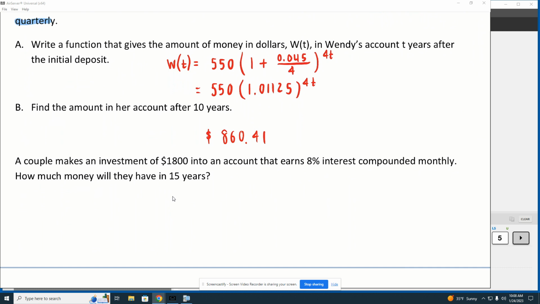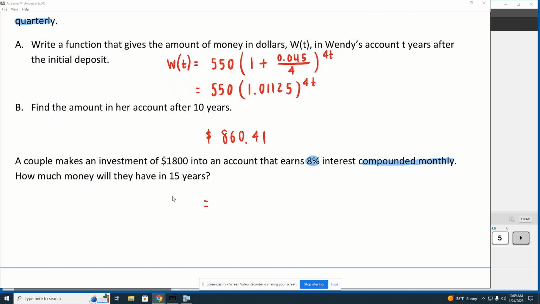A couple makes an investment of $1,800 into an account that earns 8% compounded what? Monthly. How much money will they have in 15 years? So do they ask us to write the formula here? No, they just ask us to solve it, don't they? So I'm going to type this whole thing. What I'm about to write on my paper, I'm just going to type in my calculator. Ready?